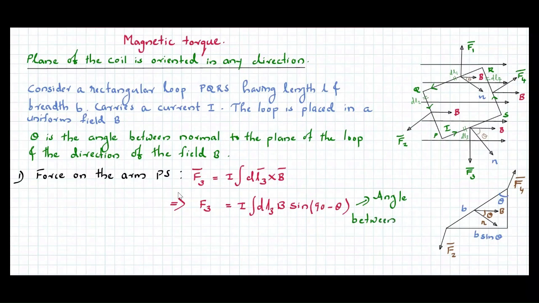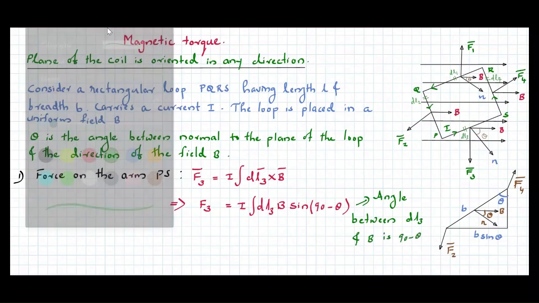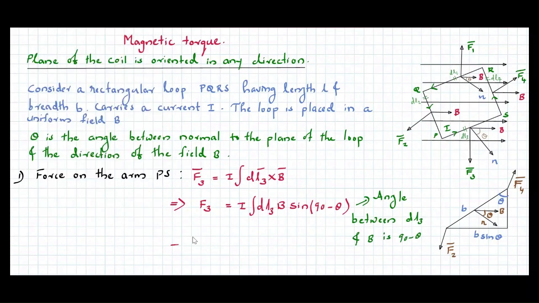Because the angle between dl3 and B is 90 minus theta. You can see it from the figure. Theta is the angle between n and the magnetic field B. Therefore, the angle between B and the line segment dl is 90 minus theta, and sine(90 minus theta) is cos theta. Therefore, F3 is IB cos theta into integral dl3.